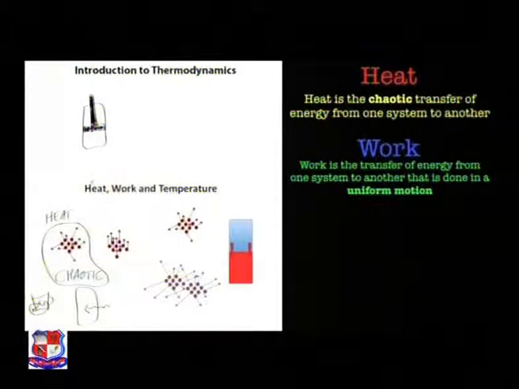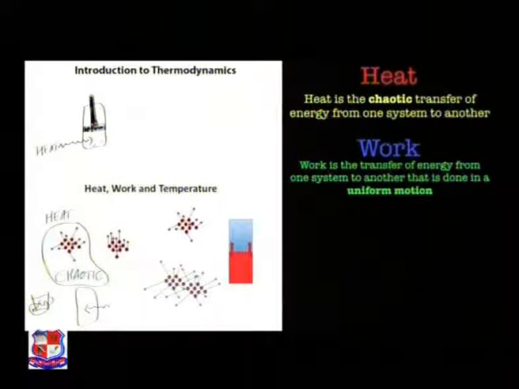So rather than giving our system here chaotic random motion that we can't really do anything with, but just increases the internal energy, work can be used. Now this is why thermodynamics is really important, because work can be used. So let's say this is a fuel in here, it's got petrol in there, or gasoline if you're in the US, and we increase the energy there with heat, random thermal energy, all the molecules move faster, and by increasing the heat of the system we can provide work on the surroundings of a uniform motion.